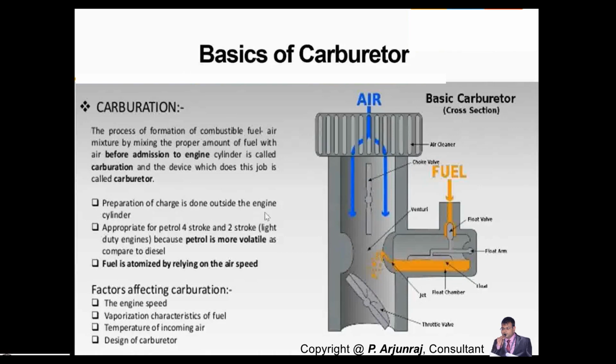Here, the air and fuel get mixed, and you get combustion by the proper amount of fuel getting mixed with air before you admit it to the cylinder, basically the combustion chamber. You call this process carburation, and the device which does this job is called a carburetor.